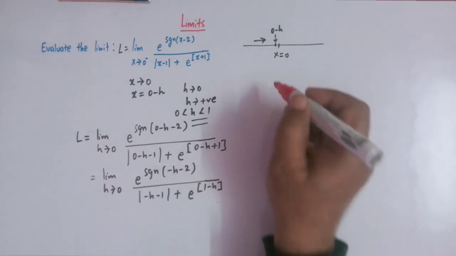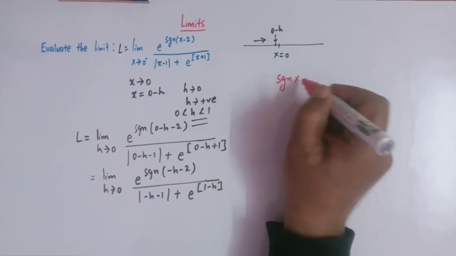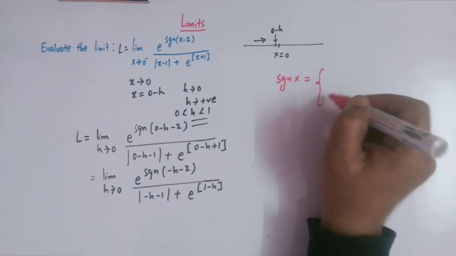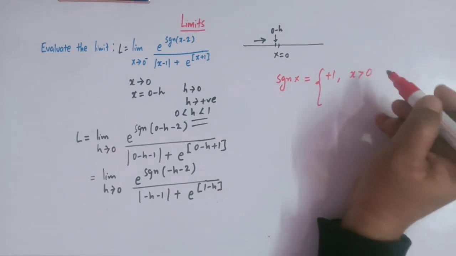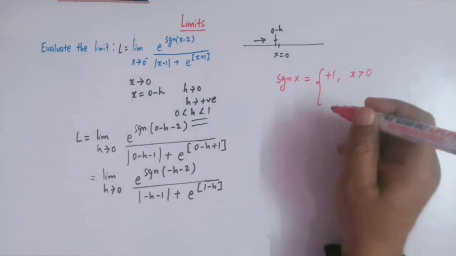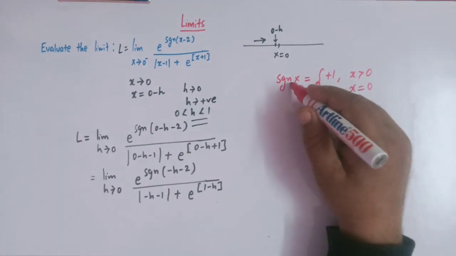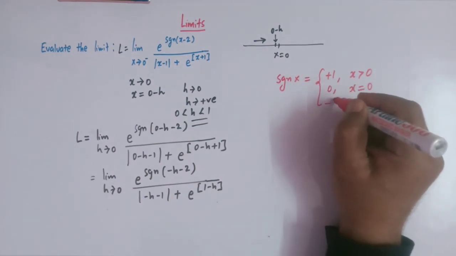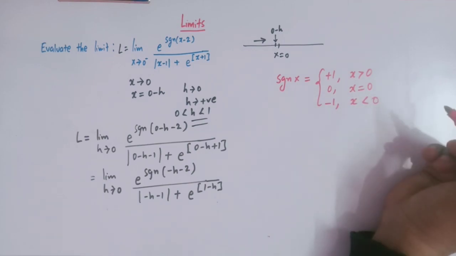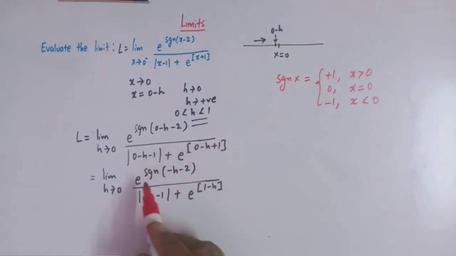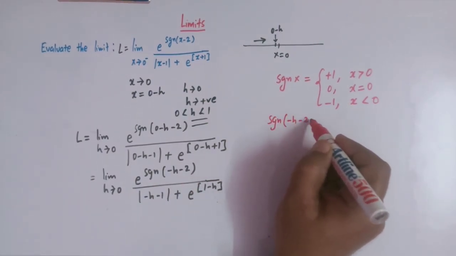We know that signum of x is defined as plus 1 for all values of x greater than 0, signum of x takes the value 0 whenever x is equal to 0, and signum of x takes the value minus 1 whenever x is less than 0. Here we have signum of minus h minus 2.